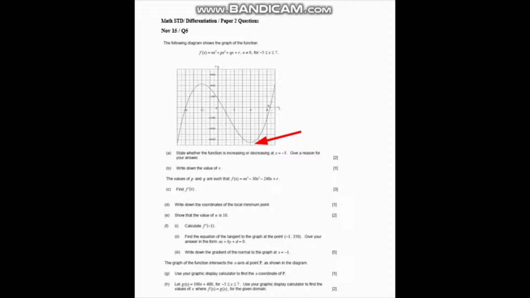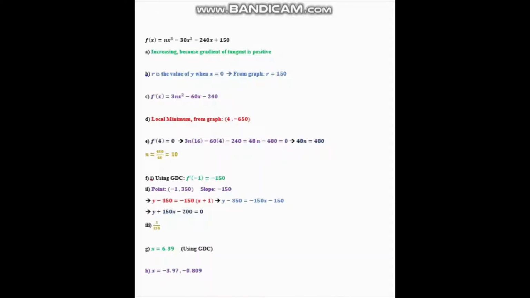Now in E, I'm required to show that the value of n is 10. So since we have f dash of x and we know the coordinates of the local minimum, I can use the fact that f dash is 0 at the local minimum to set up an equation. So when x equals 4, f dash equals 0. Hence, f dash of 4 equals 0, or 3n times 4 squared minus 60 times 4.